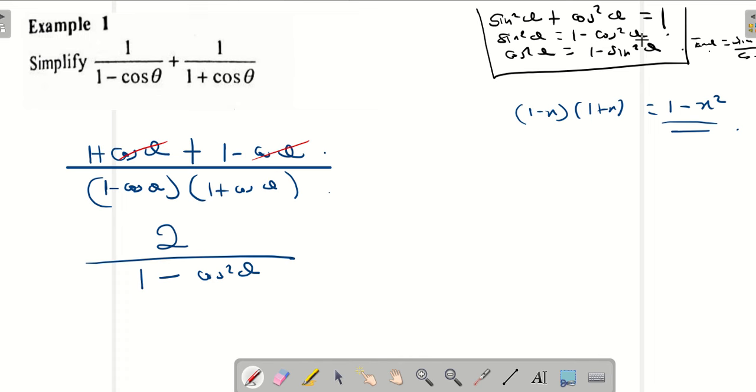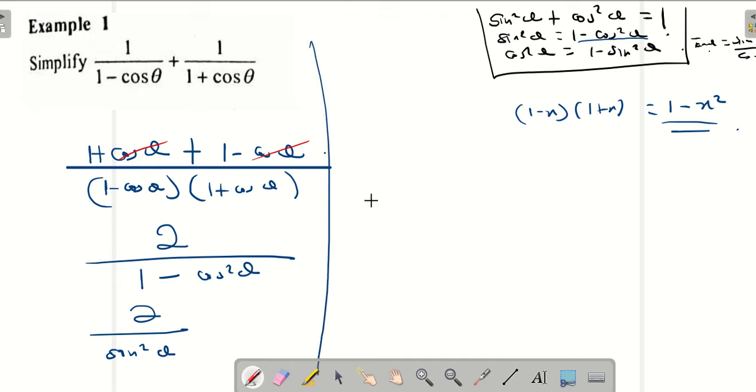Then also we know that 1 minus cos squared theta is sine squared theta. So we can write this one as 2 over sine squared theta. Then we can write it as 2, factorize the 2 out.